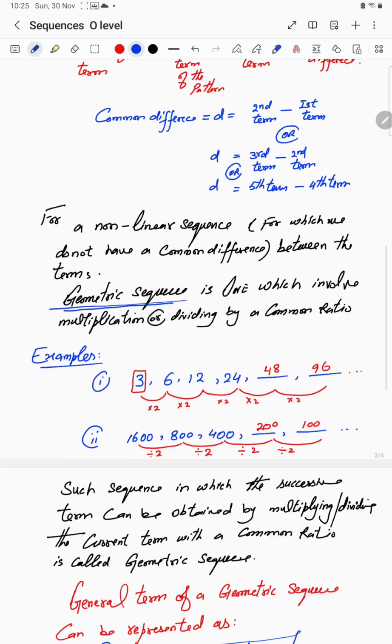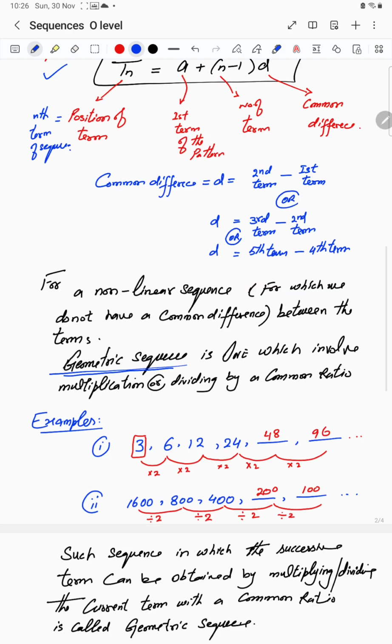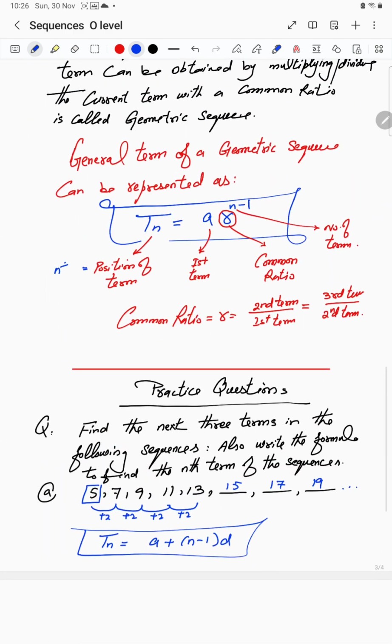Here you can see, this is the position of the term, or we can say the nth term of the sequence.